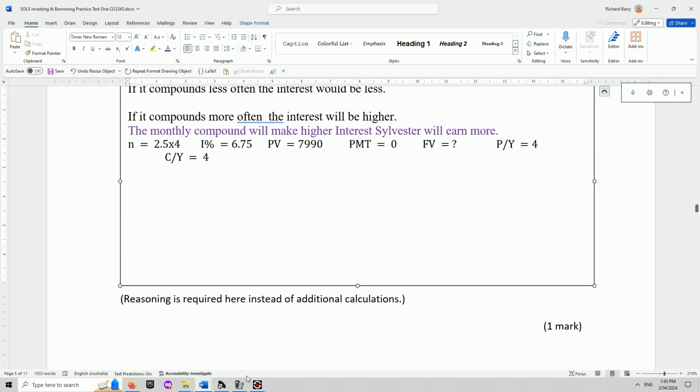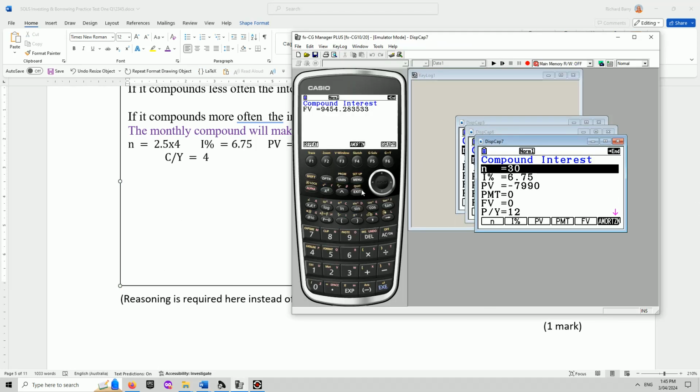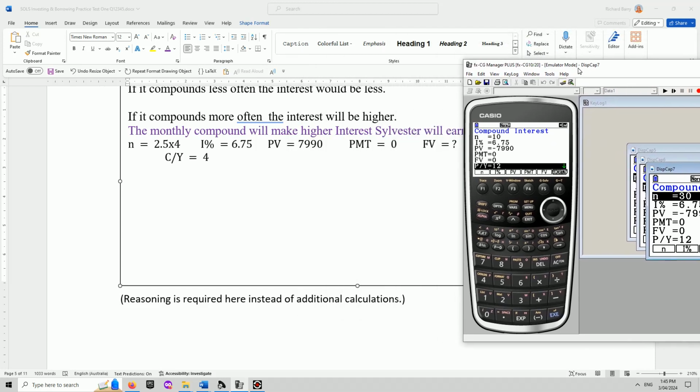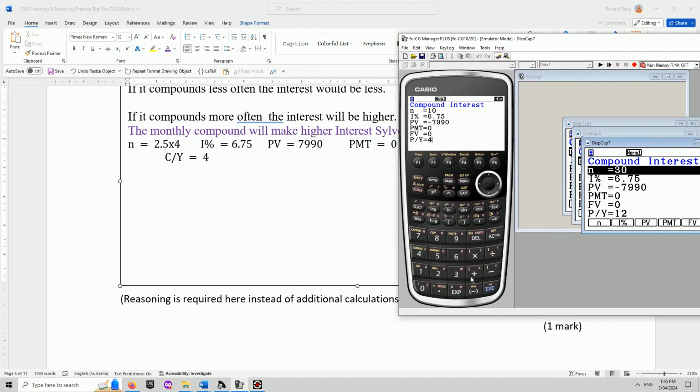On the calculator, exit to go back, F2 for compound. So this is going to be 2.5 times 4. The interest is the same, the starting value is the same, and future value is what I'm looking for. The core issue is that quarterly, this will be 4 and compound will be 4. Notice this is 10, not 30 this time.